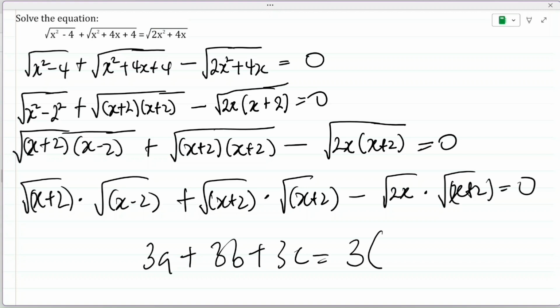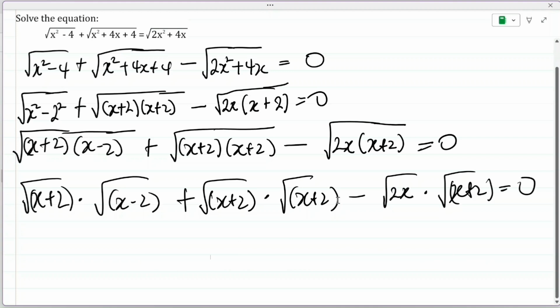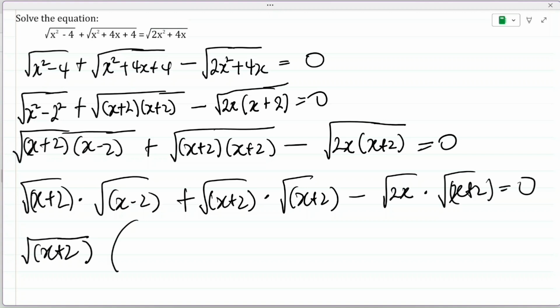You can take out 3, you'll be left with a plus b plus c. Same applies to this. You bring out square root of x plus 2. Close your bracket. You open a bracket. You've taken out square root of x plus 2 from this, you'll be left with square root of x minus 2. You can leave it in bracket plus.